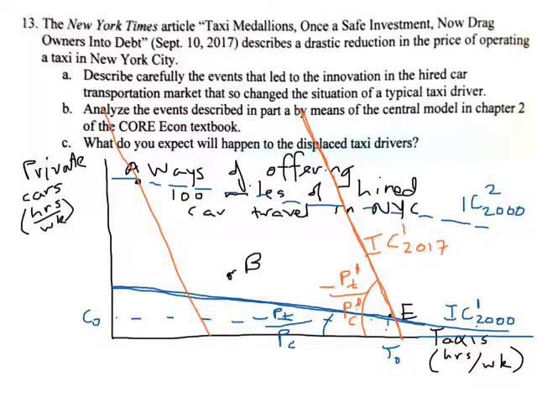And now the innovators would be offering the car travel at a point like A, where the mix is skewed toward offering private cars and much fewer taxi cab miles, and so the shift from IC1 2017 to IC2 in 2017, that distance, that fall in costs, that's the innovation rent that accrued to the innovators at Uber and Lyft, and maybe Juno, and maybe Lyft, not Uber.